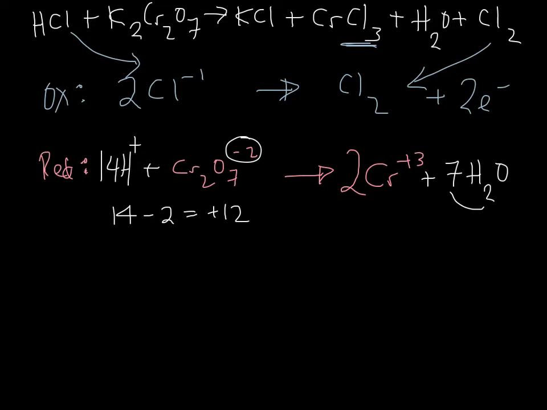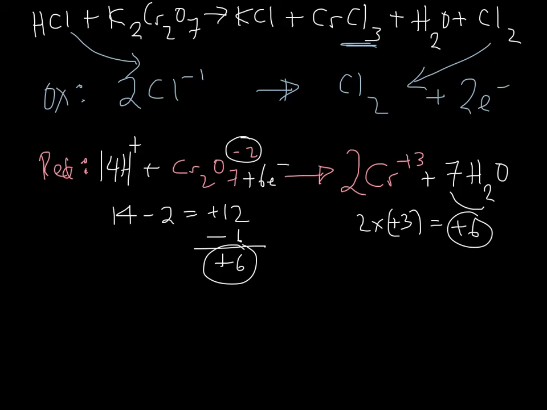On the product side, I have 2 times a +3, which gives me a +6. So I need to add 6 electrons to the reactant side in order to even that out. So I'm just going to squeeze those in here on that reactant side, because that way those +12 minus 6 negatives is going to equal a +6, and I'll have a +6 on both sides of the reaction.